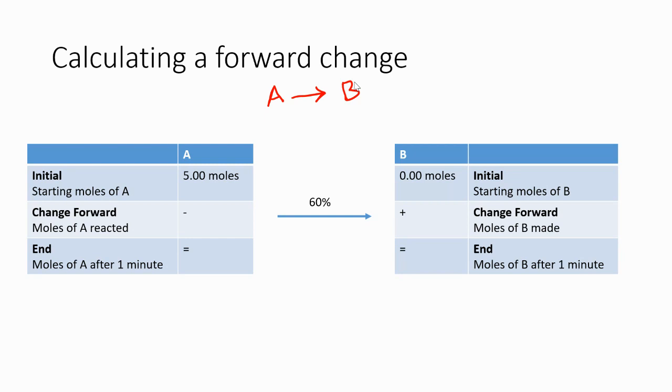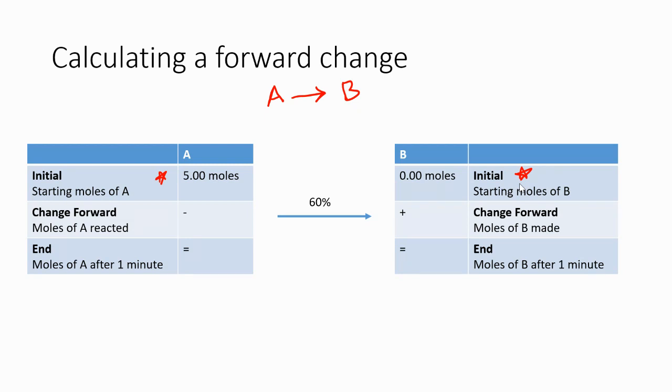I think what's important is looking at your initial conditions for the reaction. So for this reaction, we're going to start with 5 moles of A, but 0 moles of B. The other thing we need to know is how does the reaction actually proceed?